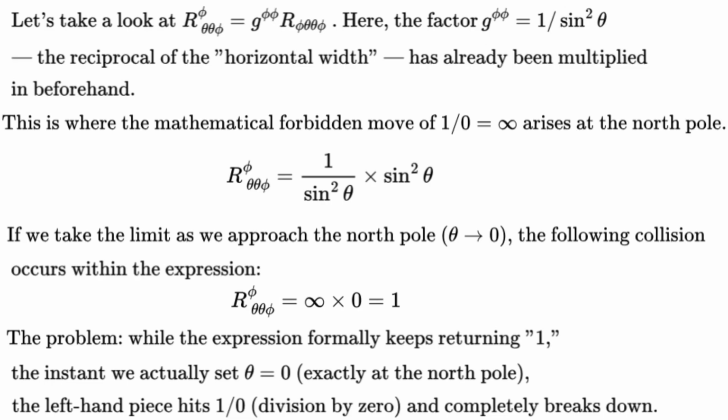If we take the limit as we approach the North Pole, theta approaches 0, the following collision occurs within the expression. The problem: while the expression formally keeps returning 1, the instant we actually set theta equals 0, exactly at the North Pole, the left-hand piece hits 1 over 0, division by 0, and completely breaks down.